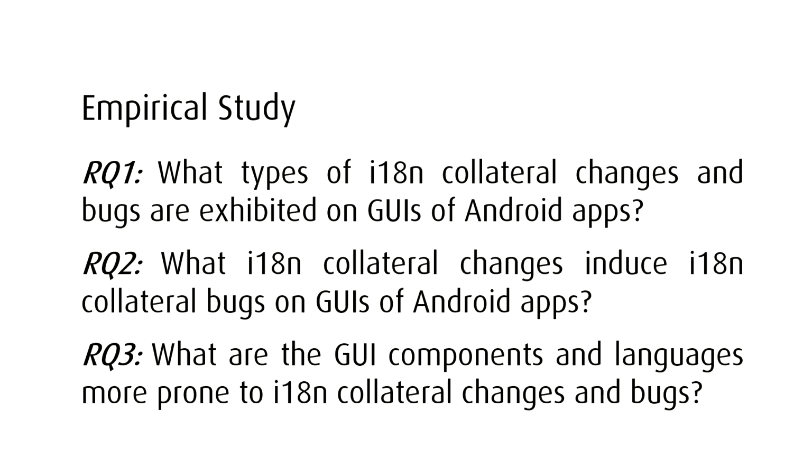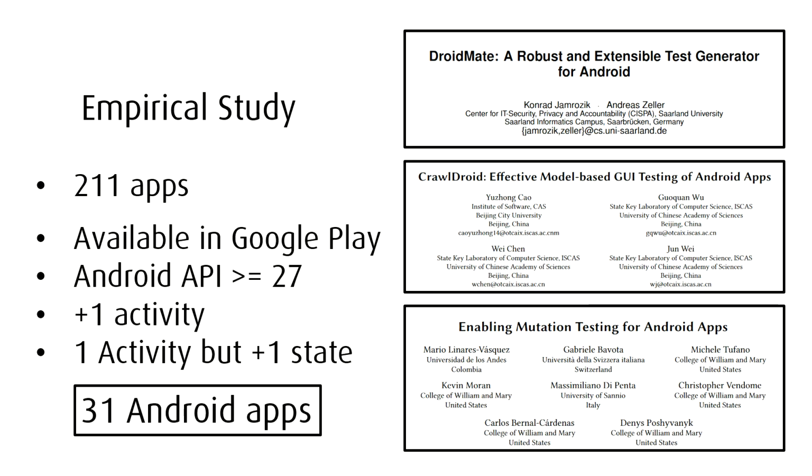In order to check our approach, we made an empirical study where we try to answer 3 research questions. We are going to go through each one later. As the context of this empirical study, we extracted 211 apps from 3 previous papers and some datasets that we generated for previous studies.